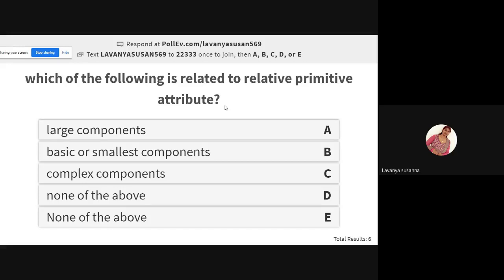Which of the following is related to relative primitive attribute? Everyone should answer.